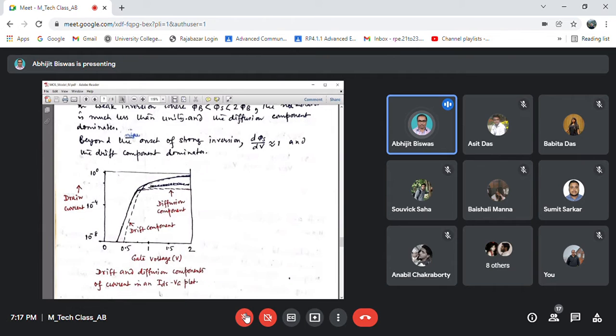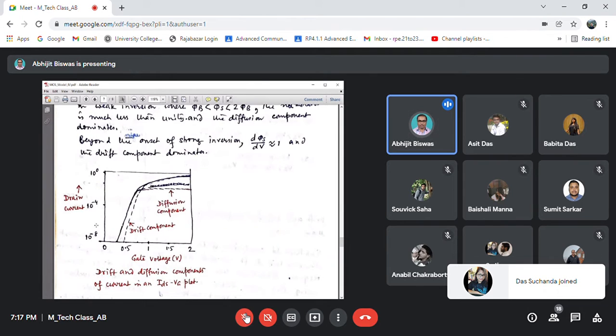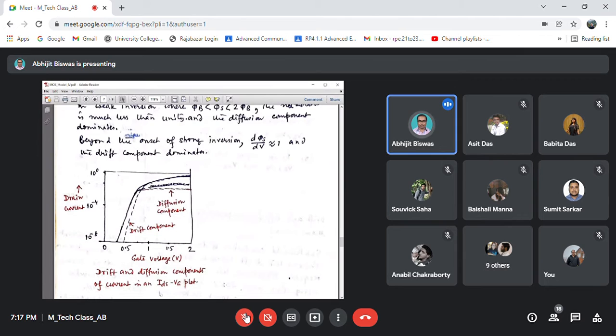So now you can see this semi-log plot, where we have plotted the drain current as a function of gate voltage. The drain current is plotted in log scale along the y-axis, and the gate voltage is plotted along the x-axis, which is a linear scale. The total current is shown by this continuous curve, and the drift component is this dashed line shown in red.